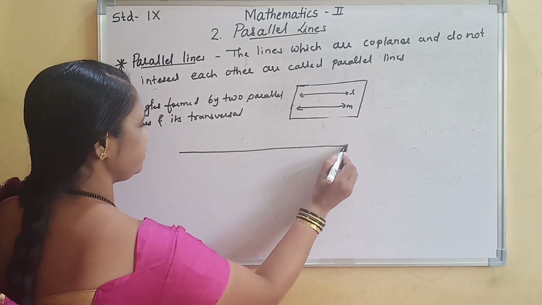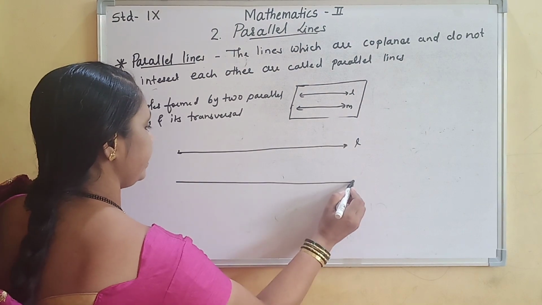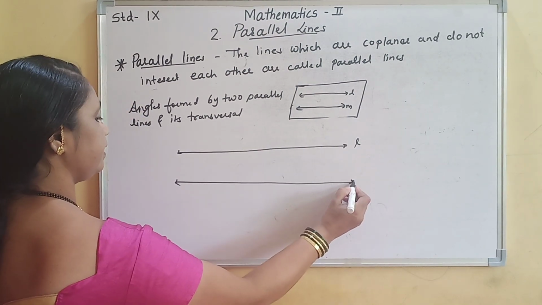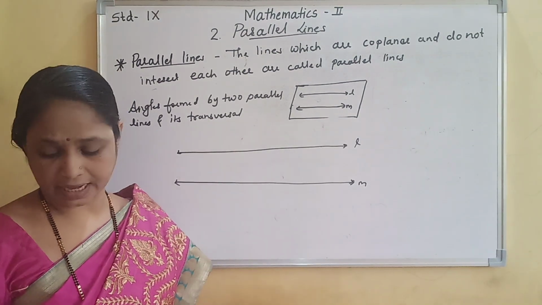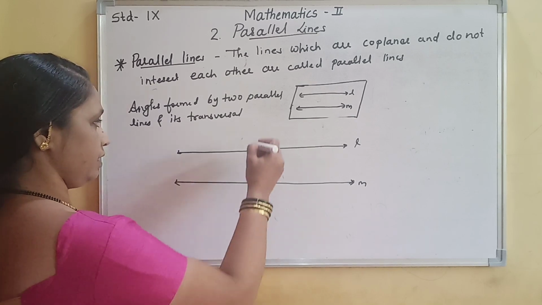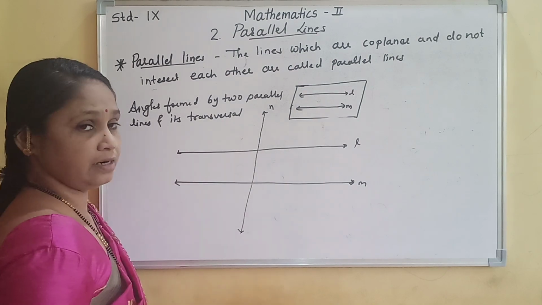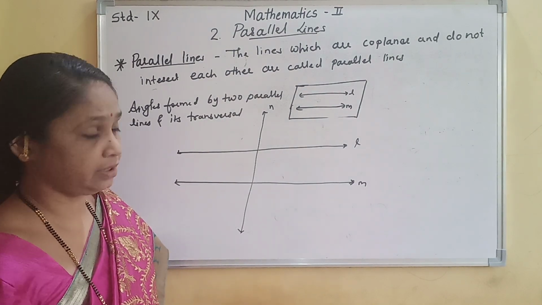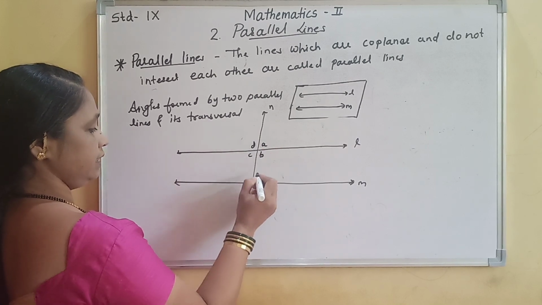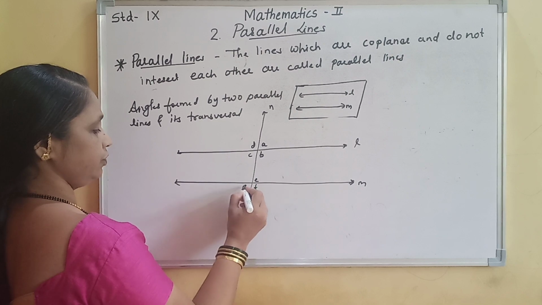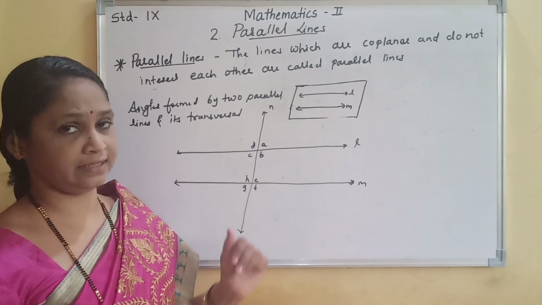Suppose this is one parallel line, we name it L, and this second line we name M. Line L and line M are parallel to each other, and this line we name N. This is the transversal. Now we have to study the angles formed by it. Suppose here A, B, C, D, E, F, G, H are the angles formed by these two parallel lines and the transversal.